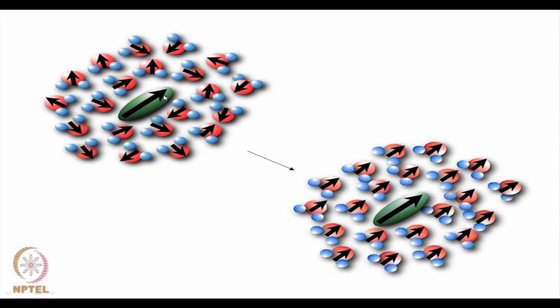Immediately after photo excitation, these dipoles are at the ground state. This is your ground state configuration of the solvent dipoles, and the moment it is excited, the solvent molecules still remain in the Franck-Condon configuration.